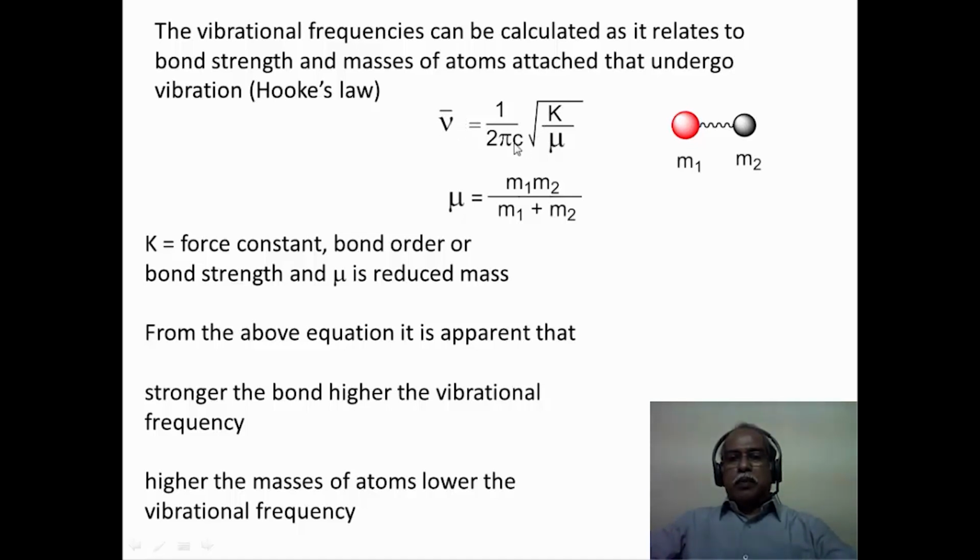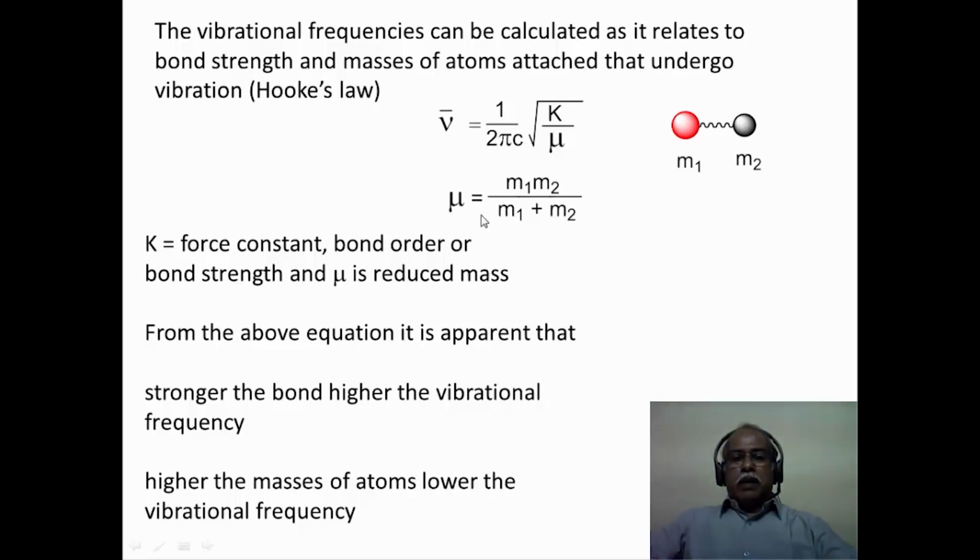It is directly proportional to the square root of k, where k is a force constant, which for all practical purposes can be considered as bond order or bond strength, and inversely to mu, which is the reduced mass, essentially corresponding to the 2 masses m1 and m2. If they are connected together, then mu is equal to m1 m2 divided by m1 plus m2.